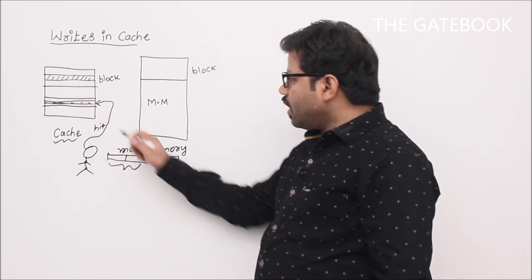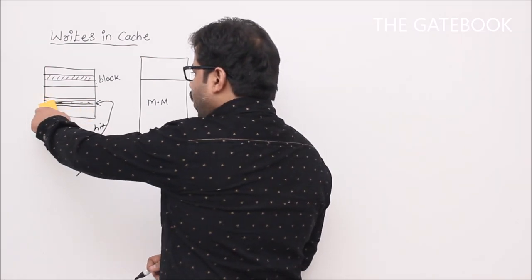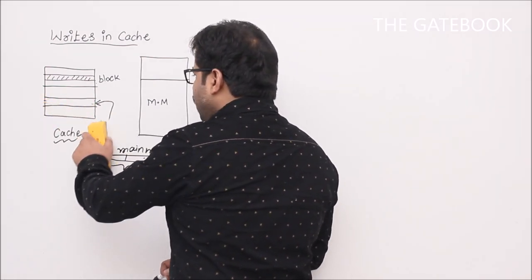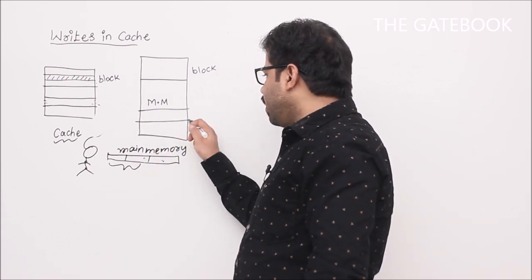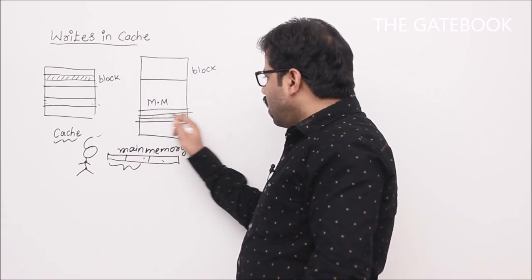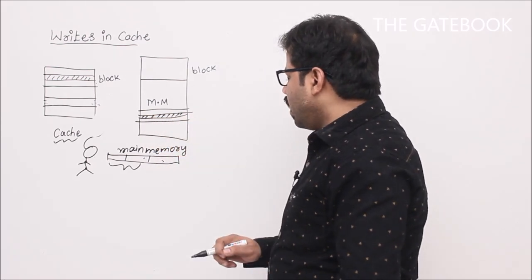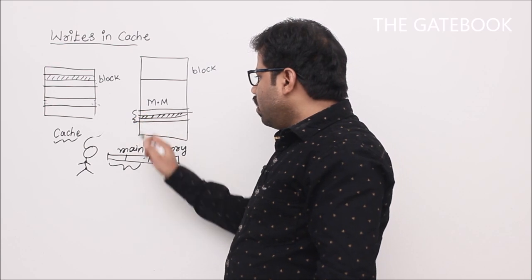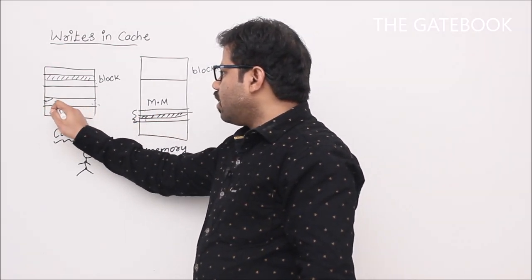But if you miss in the cache, then what are you going to do? When there is a miss when you are reading, then immediately we go to the main memory and access the corresponding word. Before accessing it, generally the scenario will be that the main memory block is transferred here, which is the right one.